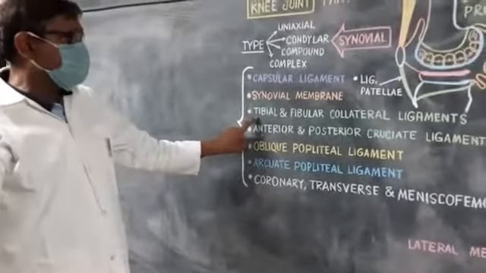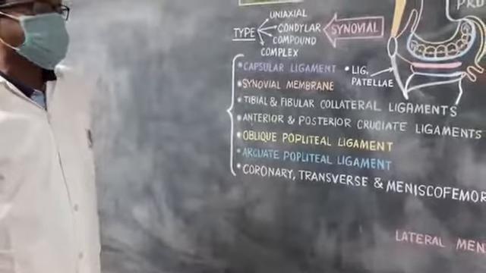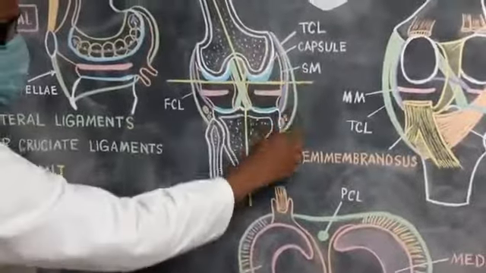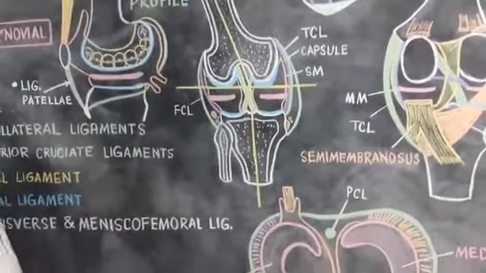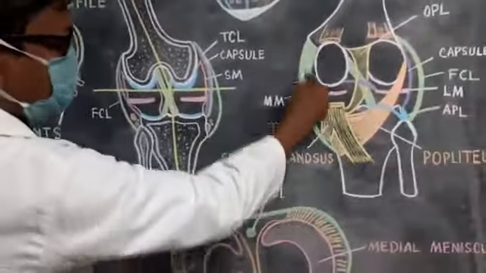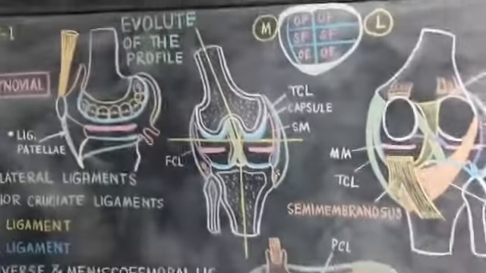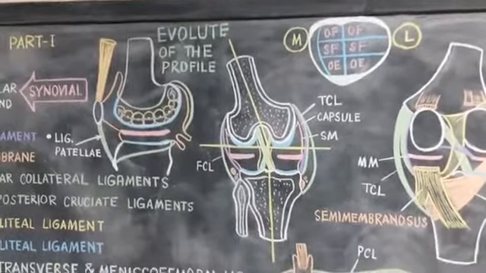Next are the tibial and lateral fibular collateral ligaments. The tibial collateral ligament presents two strata, superficial and deep. Both strata are attached to the medial epicondyle of the femur.